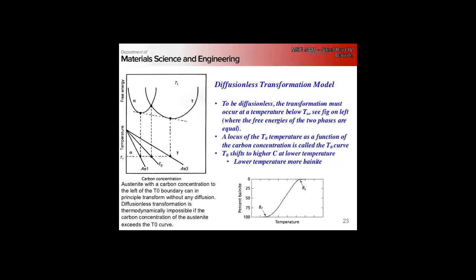So this is going to be the carbon concentration of the ferrite and the carbon concentration of the austenite, the retained austenite, if it goes to completion. And the T0 curve, by definition, has to be in between them.